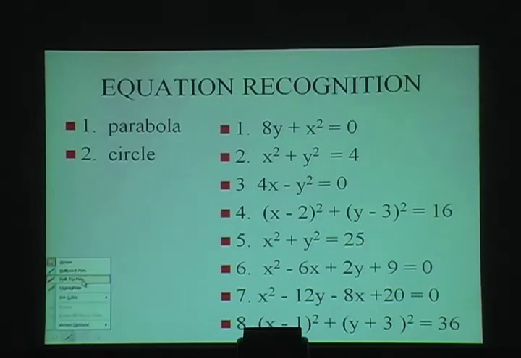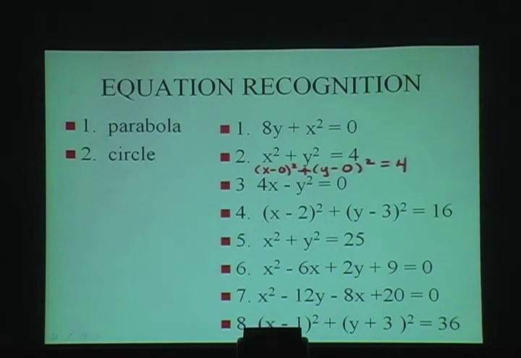You can choose a ballpoint pen, felt tip pen, or a highlighter, and go right up here and explain to them, and let's pick a nice color too. Explain to them that this equation is really x minus 0, the quantity squared, plus y minus 0, the quantity squared, equals 4, so that they can understand it a little better.